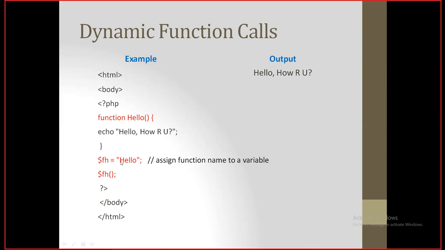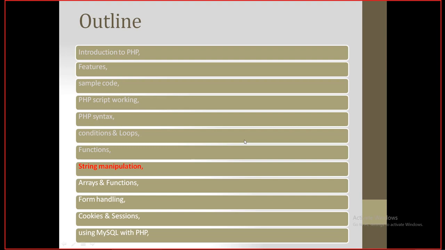Hello is the function name, and then we can use the same variable name to call that function. So we are calling the function with the variable name fh. This is a dynamic call that we are making, right? And you can see the output is the same. The string that we are trying to print inside the function got printed. This is called dynamic function calls. Assigning a function's name to any variable. Okay, fine.